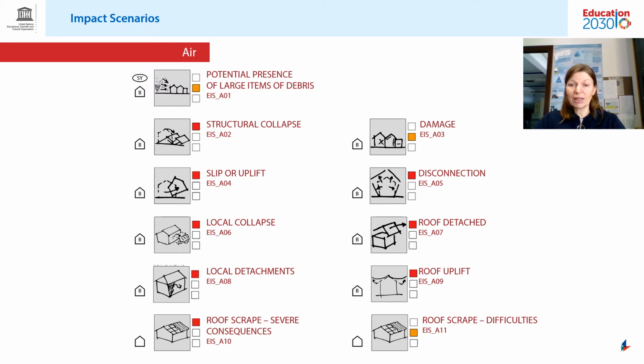There could be local detachments of the envelope of the building, or the roof, if it is not completely detached, it could be uplifted.